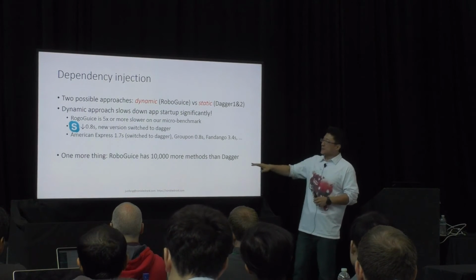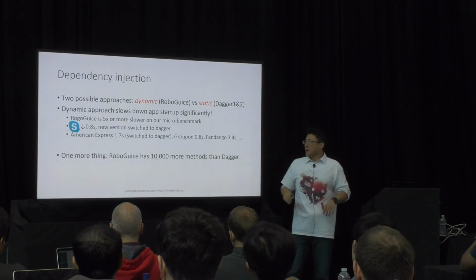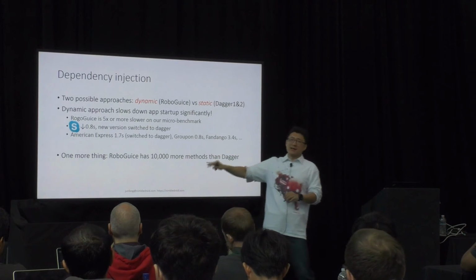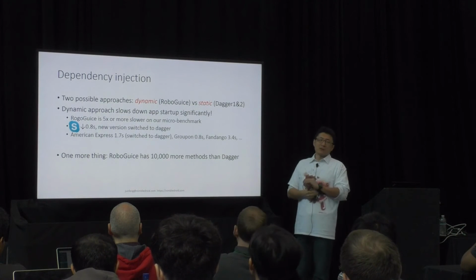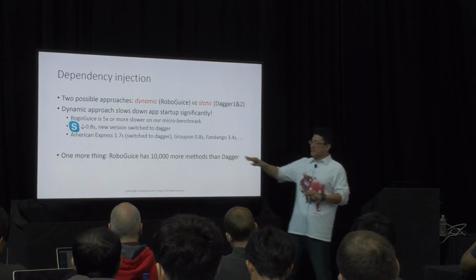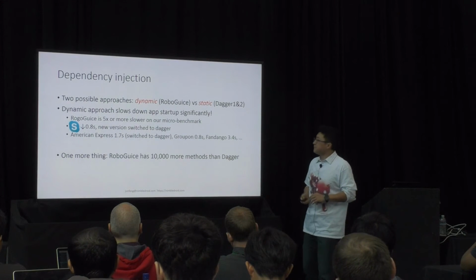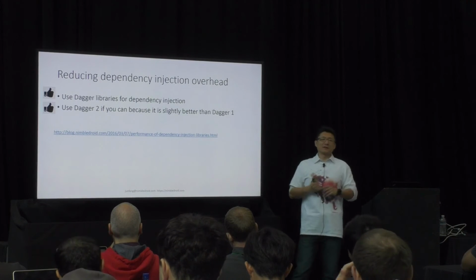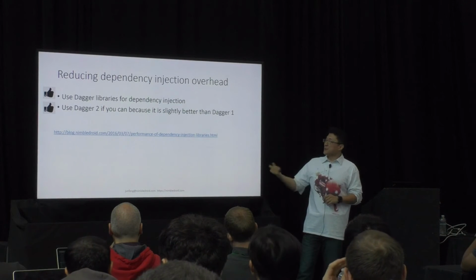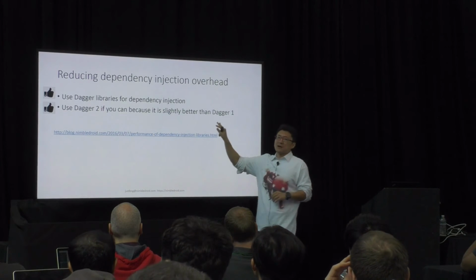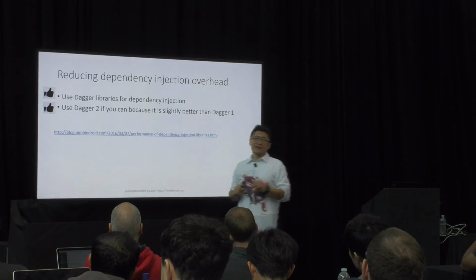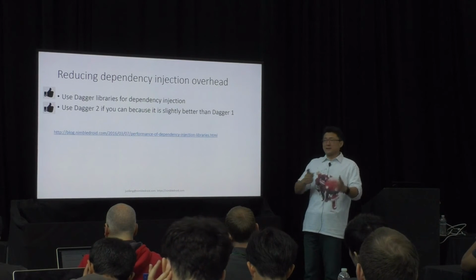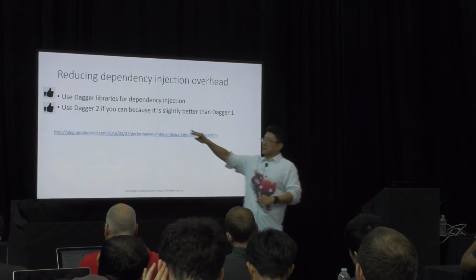And another interesting thing about RoboJuice is if you compare the number of methods in RoboJuice versus Dagger, RoboJuice actually has 10,000 more methods. If you want to avoid the multi-dex limit, then that's another reason to go to Dagger. Okay, so my recommendation here is use the Dagger libraries for dependency injection. And based on our comparison of Dagger 1 and Dagger 2, Dagger 2 is slightly better than Dagger 1. So if you are willing to learn a new system and carry the cost of switching, well, switch to Dagger 2.